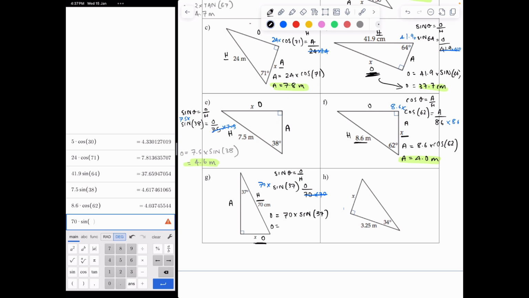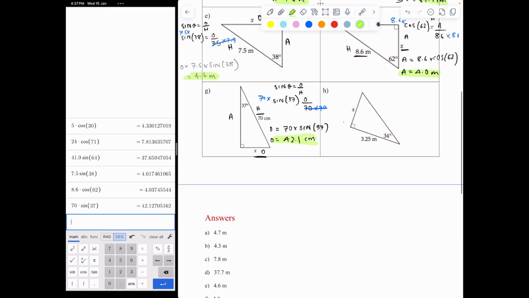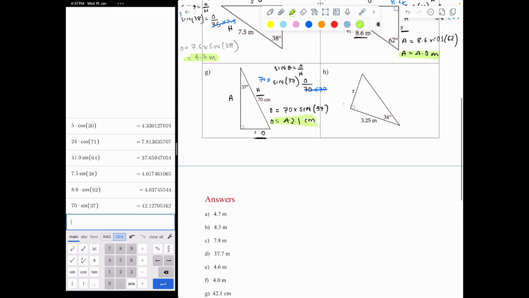Oops, I just double bracketed. And that's 42.1 centimeters. Did you remember units? Because that could be the difference between right and wrong. I'm confident we got that right, so I'm going to highlight that. Oh, thank God.